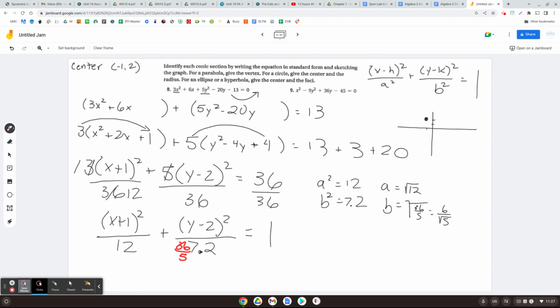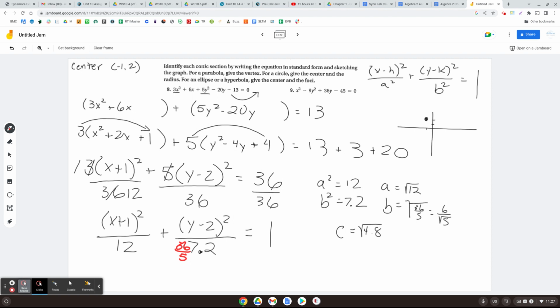So 12 minus 7.2. So c is radical 4.8. So it's like about 2.2.